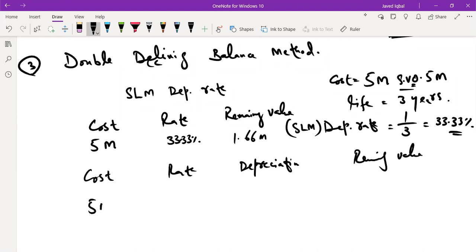You have 5 million, your rate is 33.33%, your depreciation expense for the year is 1.66 million.